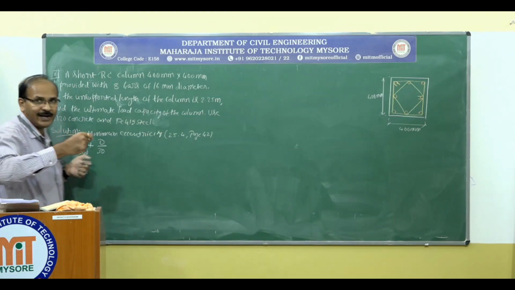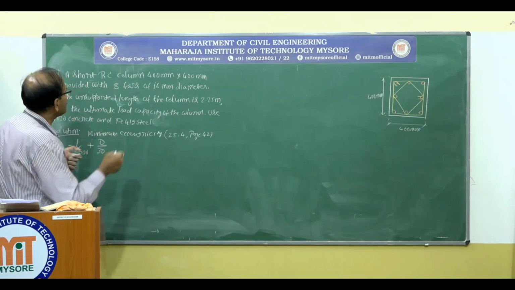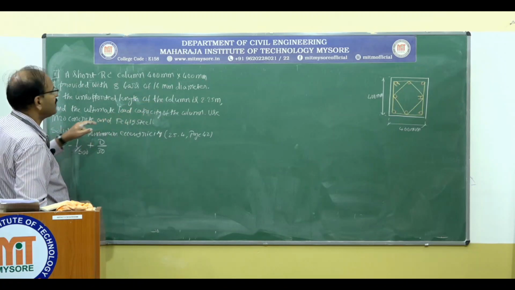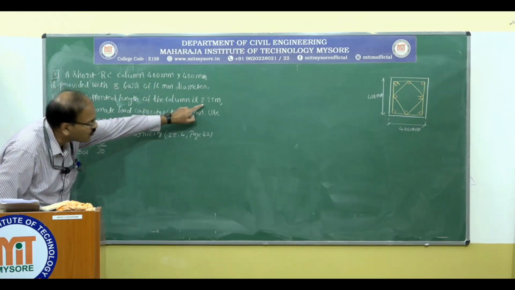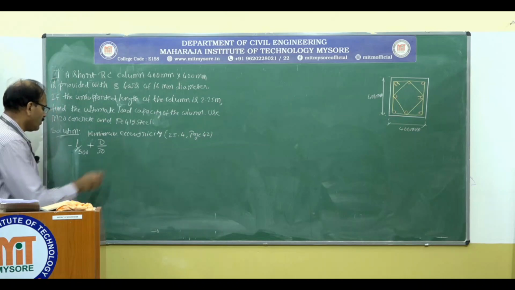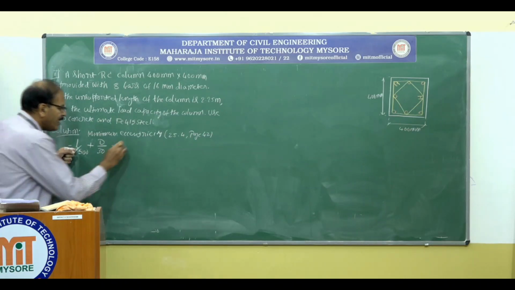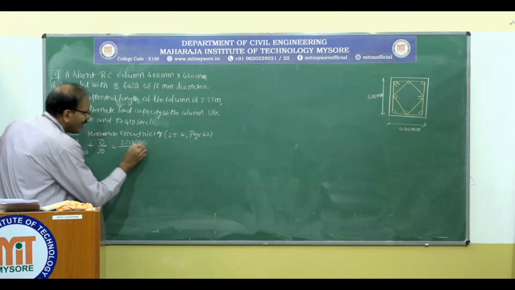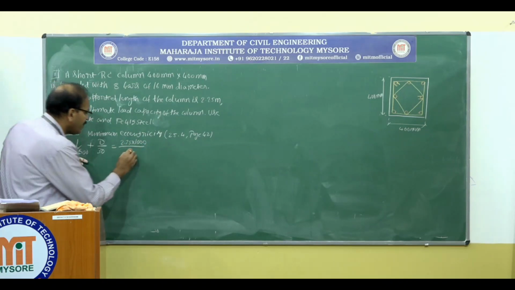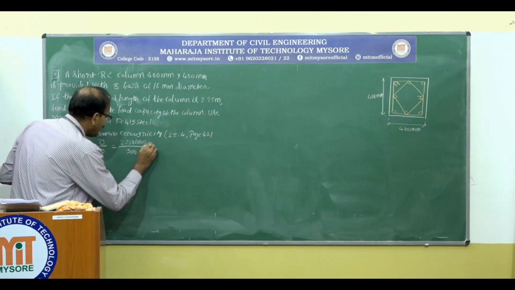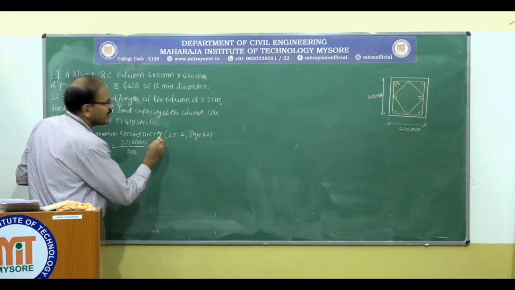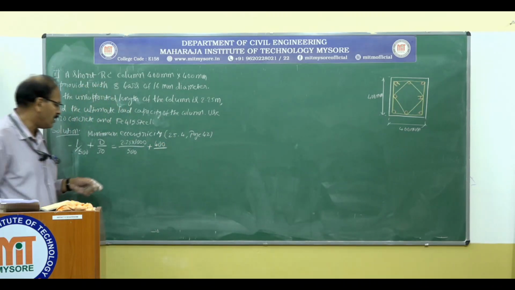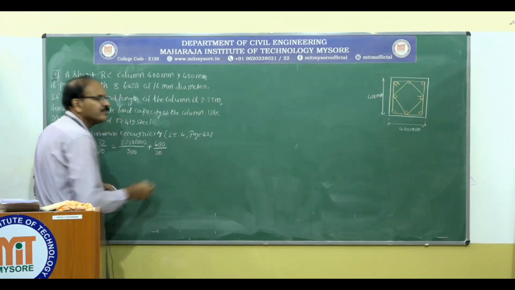L is the unsupported length, which is given as 2.25 meter. So that is equal to 2.25 multiplied by 1000, converting into millimeter, divided by 500 plus d by 30, that is 400 divided by 30.